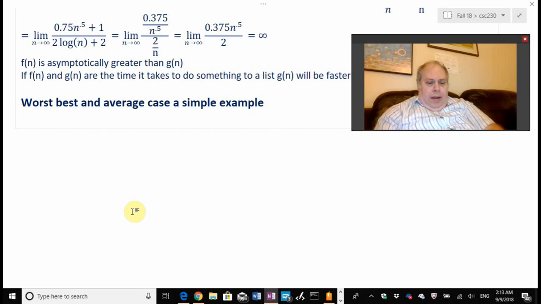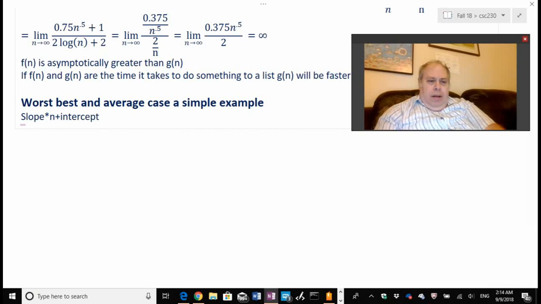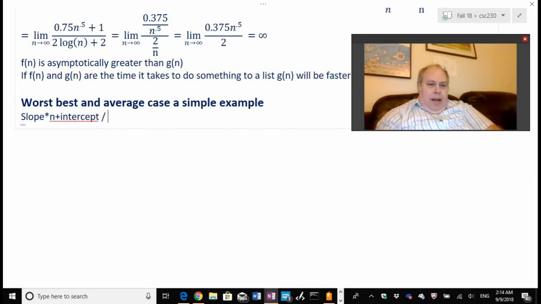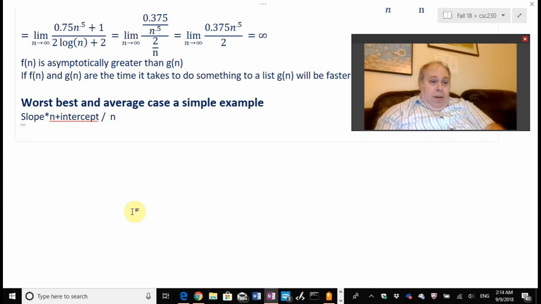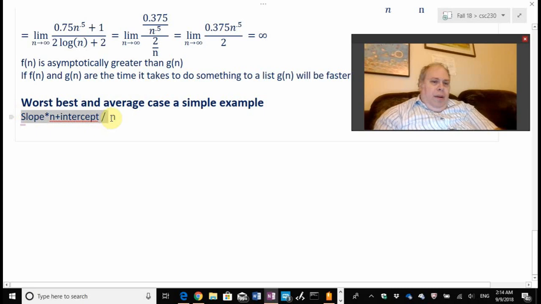Okay? One way is, it's fairly clear that basically any linear function, all of them have the same asymptotic growth. Because if we have, say, slope times n plus intercept, and we take that and divide it by n, what we're going to get, okay, let's do this more mathematically.